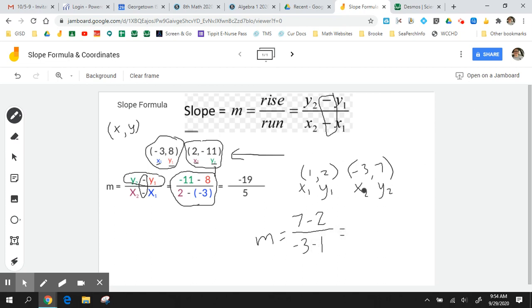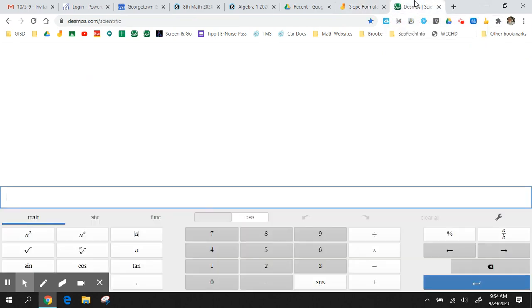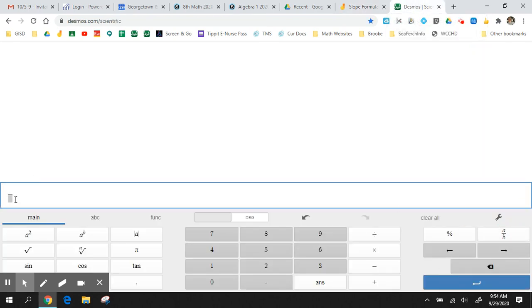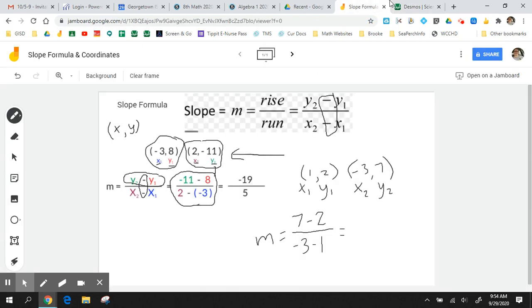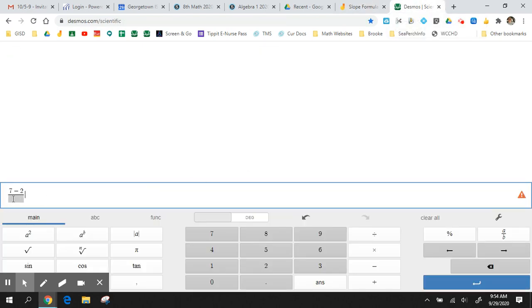Now I can go into Desmos and type that in, or you can do it by hand in your head, but we had 7 minus 2 and -3 minus 1. I'm just making sure I had the right numbers. Over here it says -1.25.